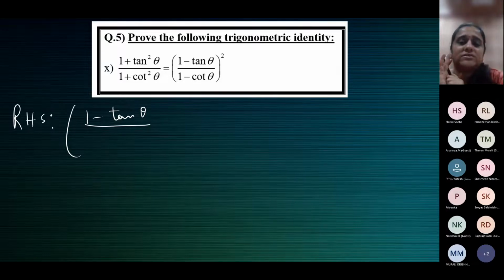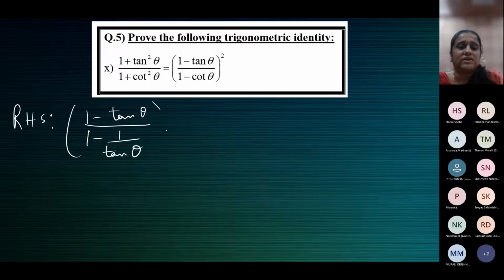Anyway, you'll get the desired result. Now here, what do we need to get? We need to get tan square theta, right? So maybe you can have it like this itself. You can just start like this: 1 minus tan theta by 1 minus 1 by tan theta, the whole square. Is that okay?